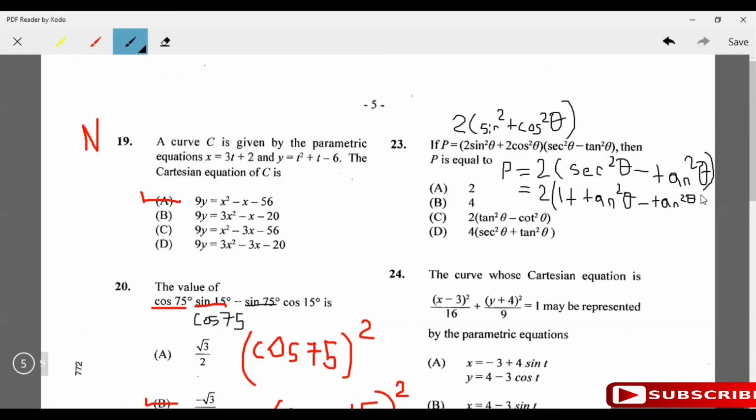Easy question. And we're multiplying that by 2. That works out to be 2 times 1 plus tan square minus tan square. Tan square minus tan square is 0. So we'll multiply it by 1. So 2 times 1 is just 2. That's option A. Easy question. Soft with a capital T.